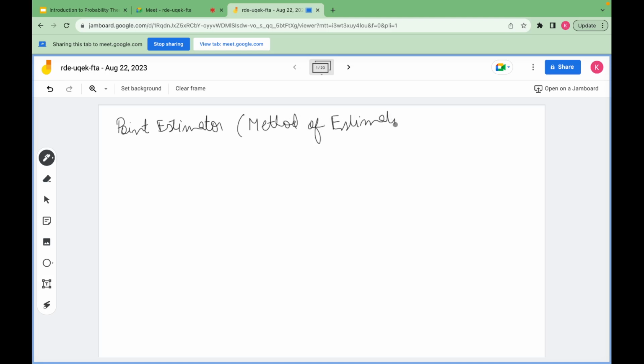One is the method of moments. In this we will equate the moment of the sample with the population.